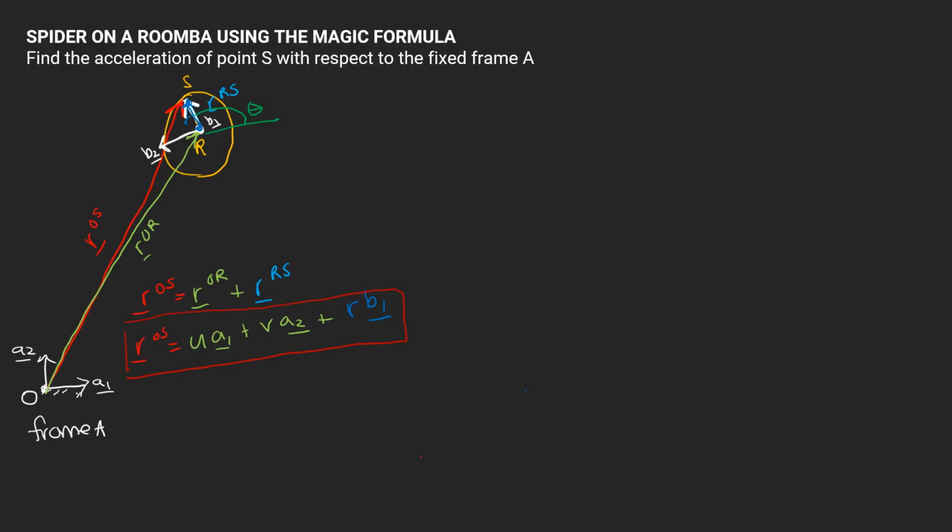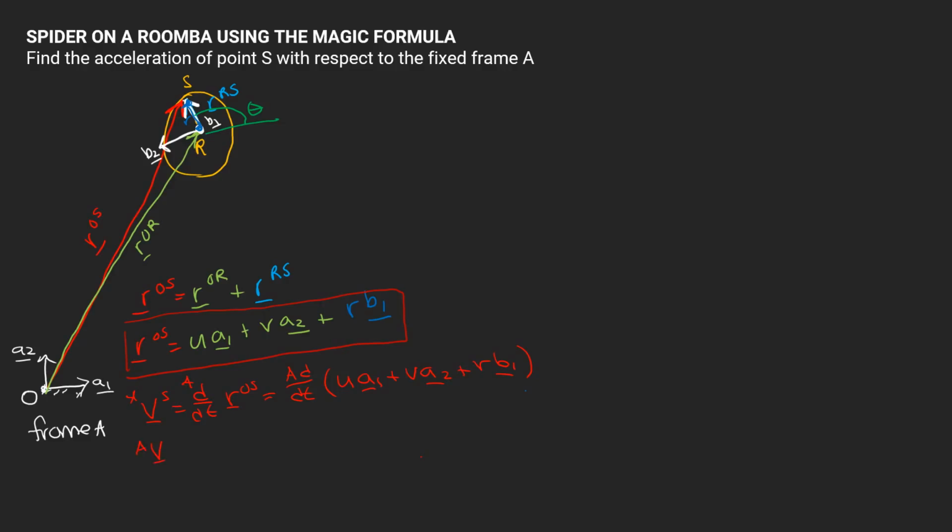Okay, so the next step is, of course, to get the velocity of point S in frame A. So we take the time derivative of our position vector R, O, S in frame A. So that's going to look like this, d/dt in frame A of U A1 plus V A2 plus R B1.